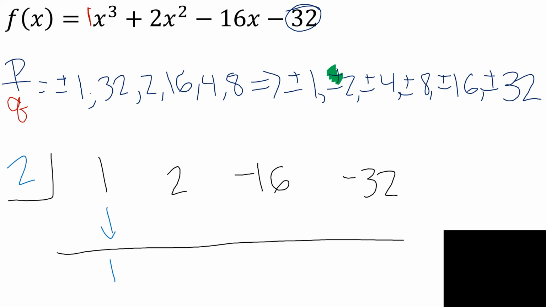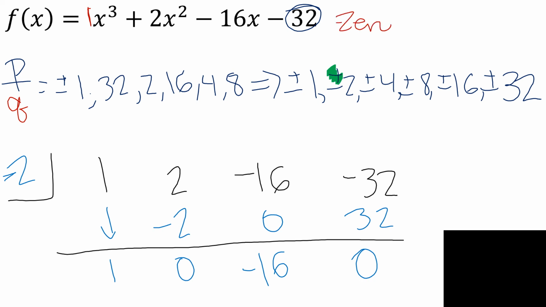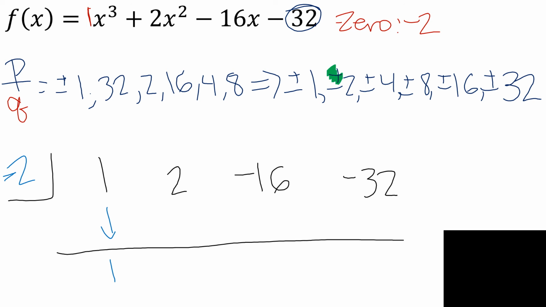So I'm going to repeat this with a negative 2. So 1 times negative 2 is negative 2, 0. 0 times negative 2 is 0. Negative 16. Positive 32, which is 0. So then I know that a 0 is negative 2. And we are just going to keep repeating this until we have found all of our zeros.